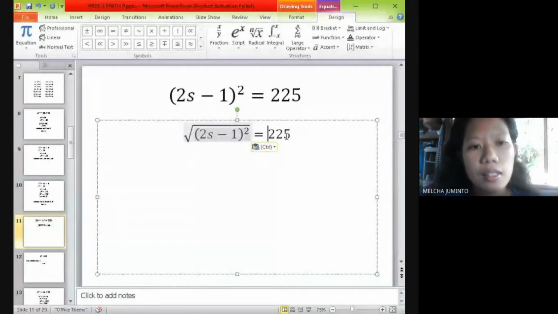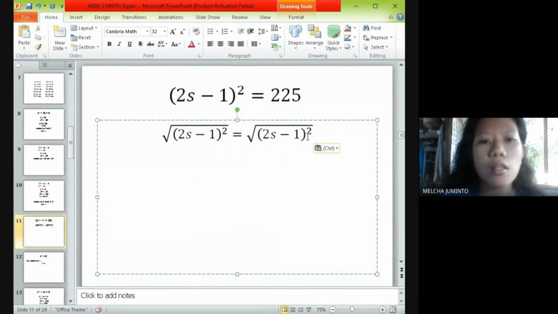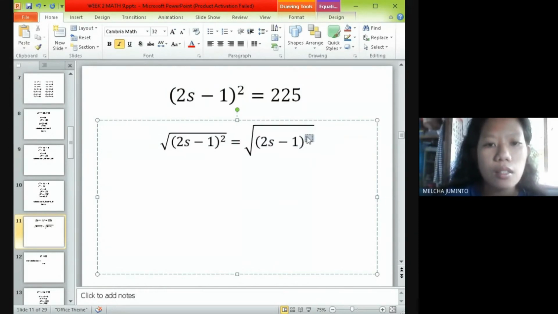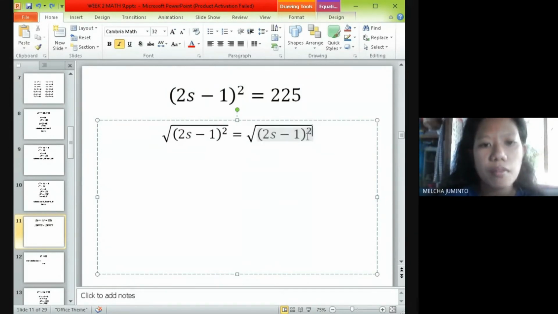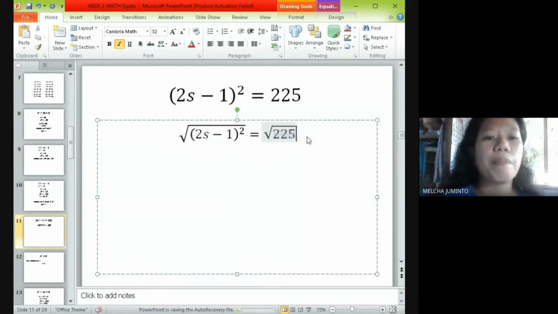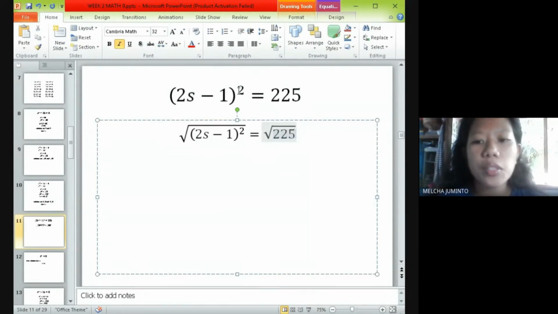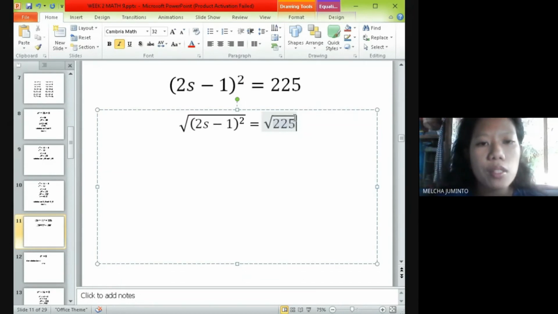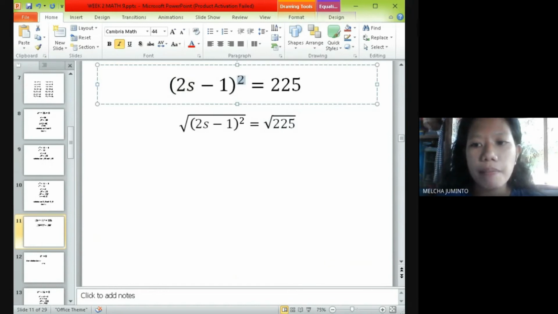And same with the right side. 225 should also be expressed to its square root. The reason why both sides were expressed to square roots is for us to remove the squared of the left side.